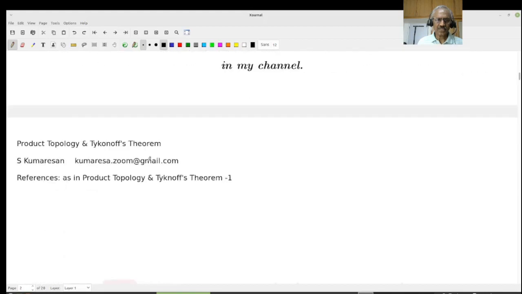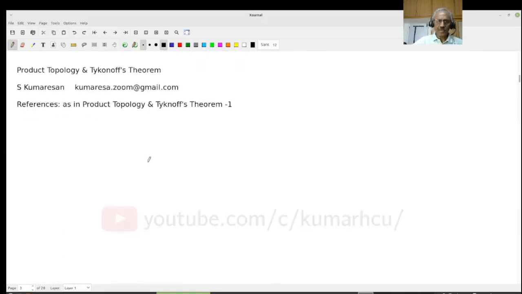Let's get started. So what is Tychonoff's theorem? Let us talk about X_i, where I is an indexing set, and these are all topological spaces.